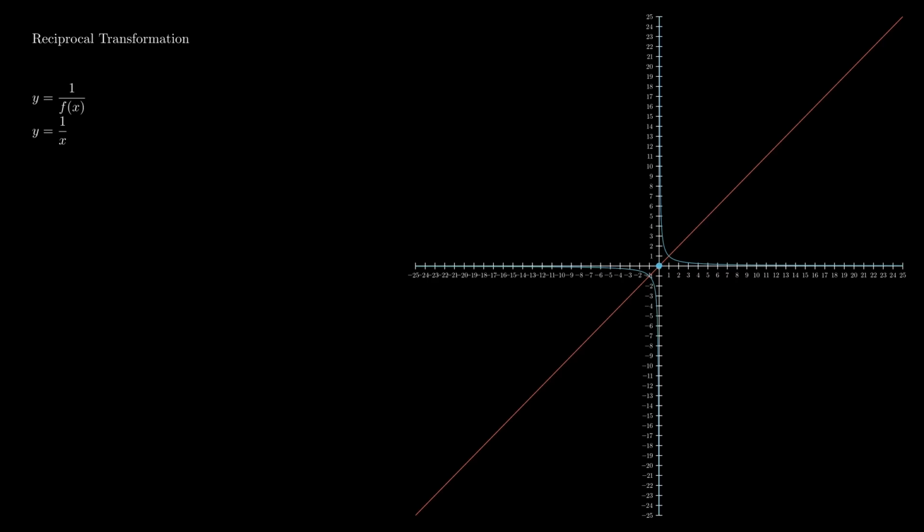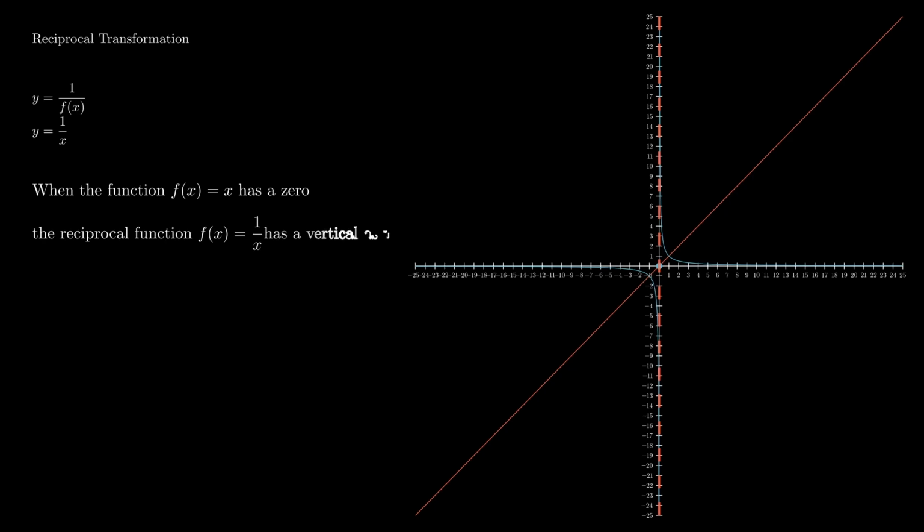So when f of x equals x, it is represented by a straight line passing through the origin. So when the function f of x equals x has a 0, the reciprocal function f of x equals 1 over x has a vertical asymptote.